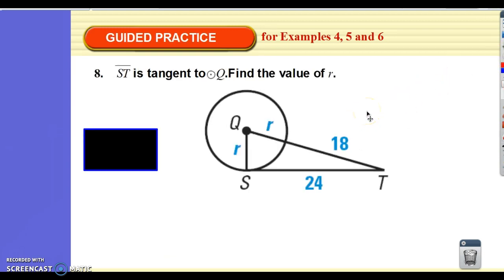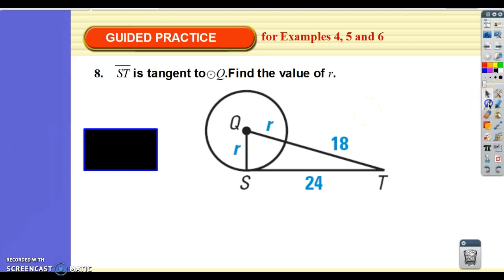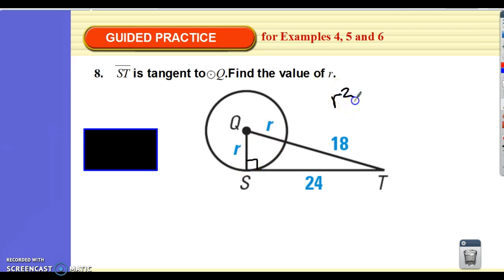ST is tangent to circle Q. Find the value of r. So r, once again, 90 degrees. r squared plus 24 squared must equal r plus 18 squared. r plus 18 times r plus 18.